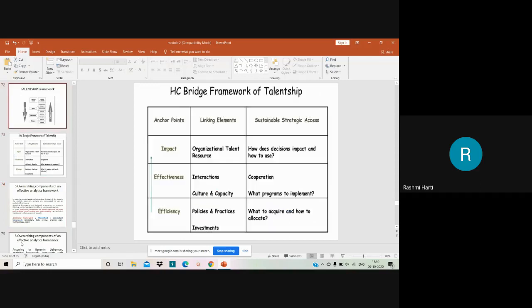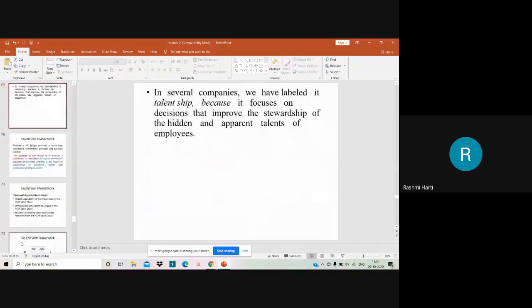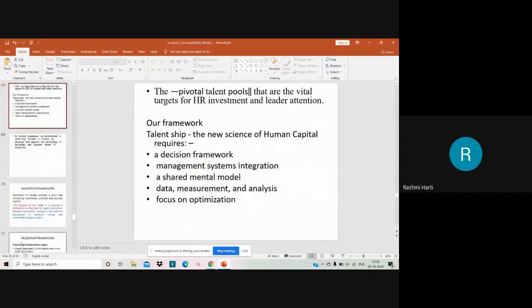Now, if you could see here, what exactly this talentship framework includes. It includes management system integration, how the management systems integrate with each other, a shared mental model, okay, the data being collected about the talent of the employees, about the HR functions being implemented, measurement and analysis of all those things, and optimization of the talent which is there in the organization.